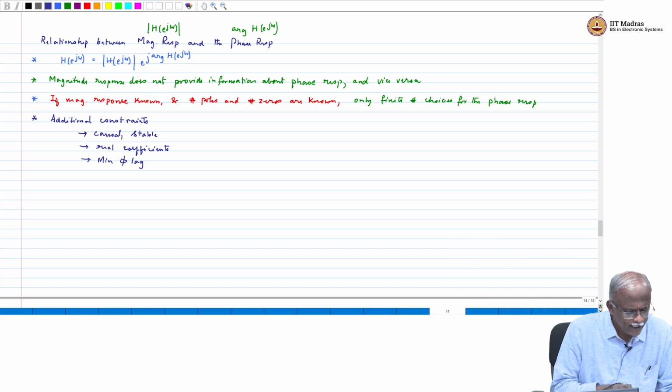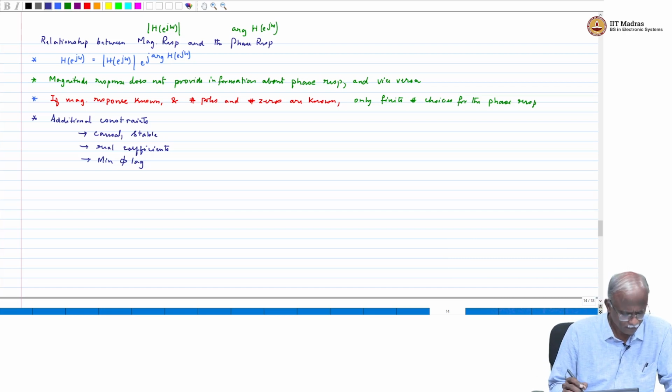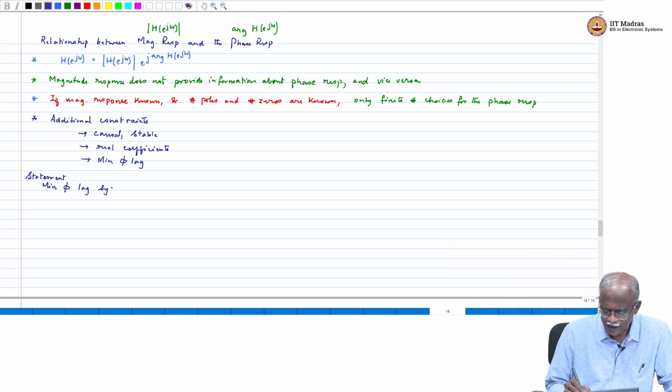And what I would like to do now is build on the sequences that we are going to be looking at, and look at it in a very careful manner. So here is a statement. A minimum phase lag system, or transfer function H of z, which is causal and stable.